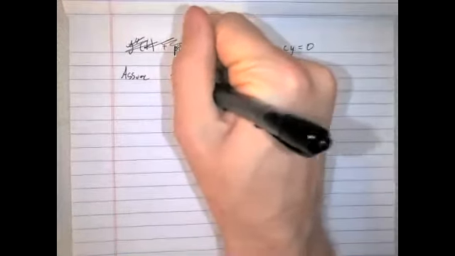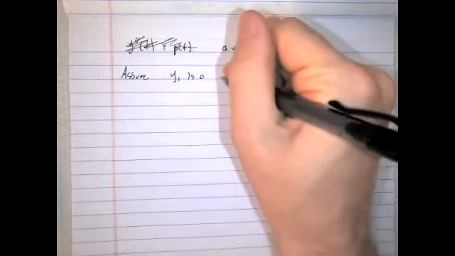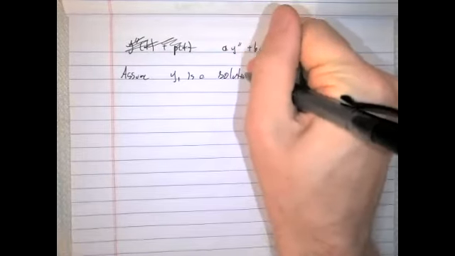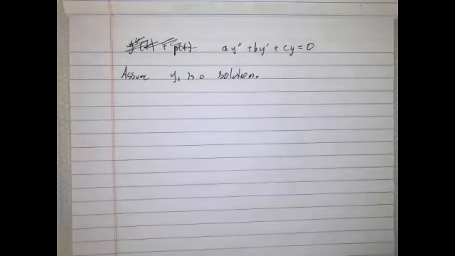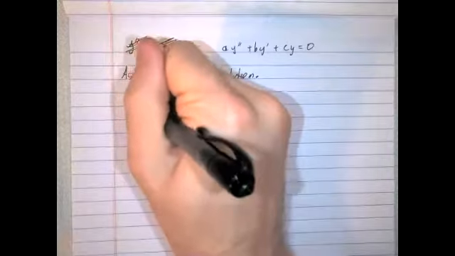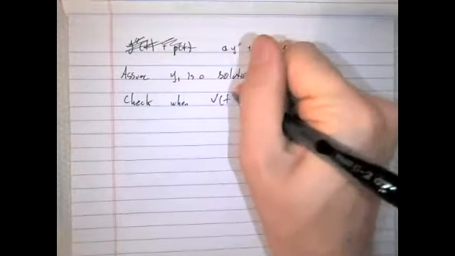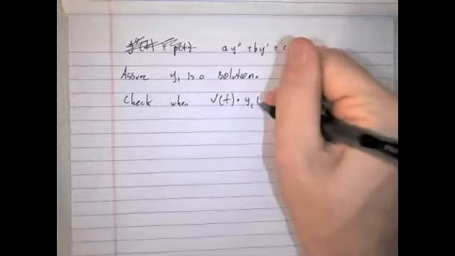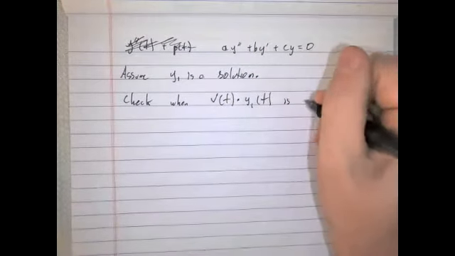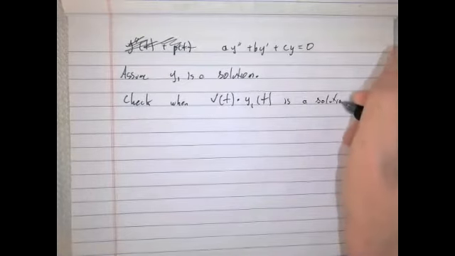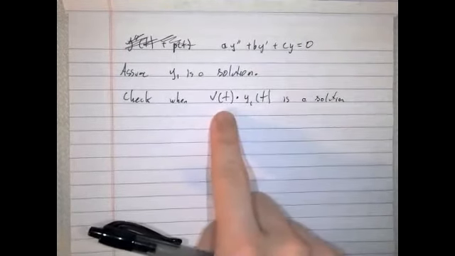And assume y1 is a solution. Now we want to check when v of t times y1 of t is a solution, where here v of t is supposed to be some other non-trivial function.